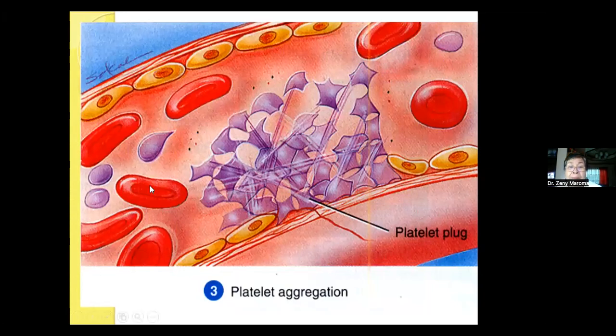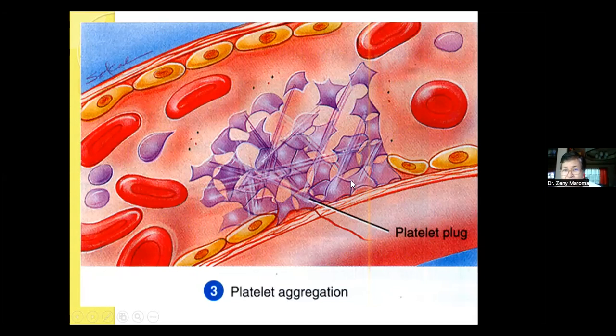And look, there's already platelet aggregation. They come on top of one another. They pile up. So that is called platelet aggregation with formation of platelet plug. Right? These are the endothelial cells, and these are on the other side. The endothelial cells were damaged. So what did the platelets do? They stuck together.